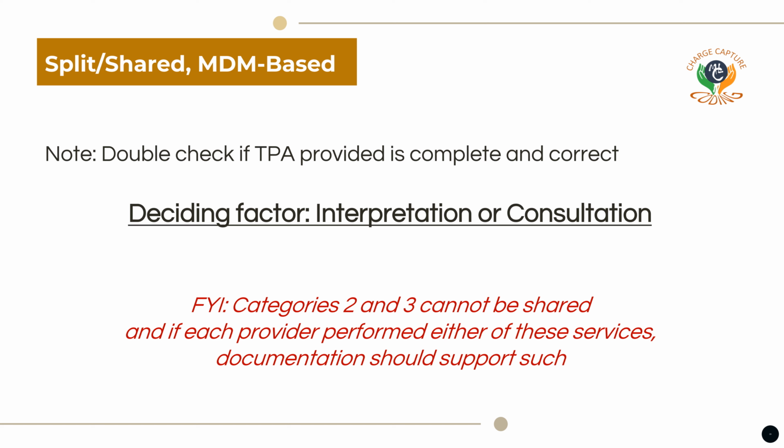But if both the attending physician and the mid-level provider documented the Category 2 or Category 3 of Section 2, we give the billing credit to the attending physician and append a modifier FS. But if it's only the mid-level provider who documented the interpretation or consult, we give credit to the NP or the PA, and we do not append the modifier FS.